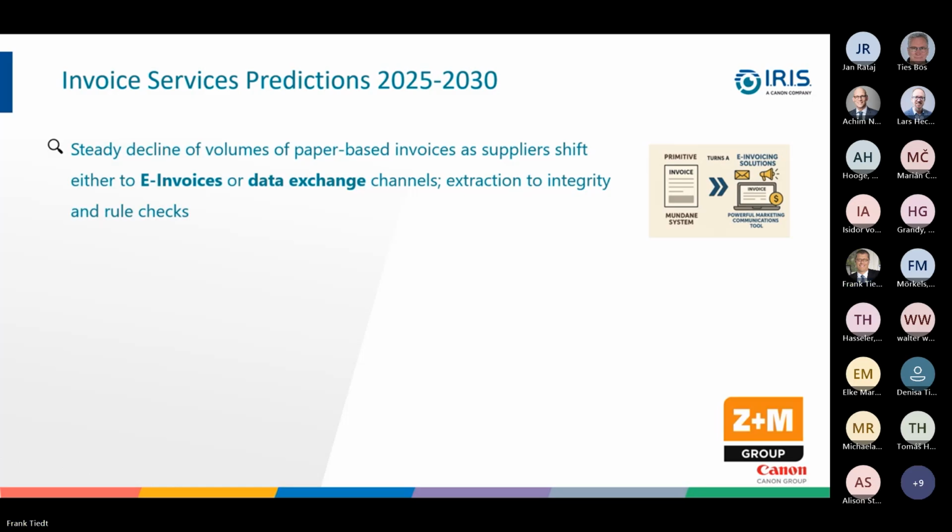This means we are focusing on getting the most out of electronic invoice processing, offering comprehensive pre-checking of electronic and e-invoice formats, including order balances, credit offset calculations, and integrity checks.